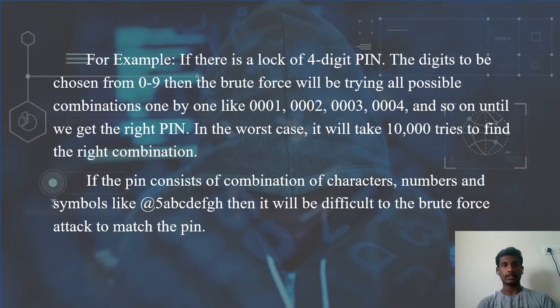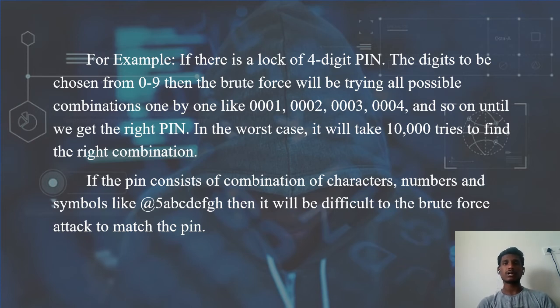Now we see an example. For example, if there is a lock with a 4-digit pin, the digits to be chosen from 0 to 9, then the brute force will try all possible combinations one by one, like 0001, 0002, 0003, 0004, and so on until it gets the right pin.